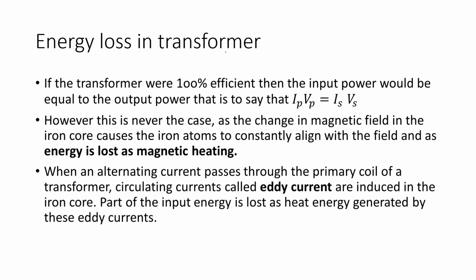When an alternating current passes through the primary winding of a transformer, circulating currents called eddy currents are induced in the iron core, and part of the input energy is lost as heat generated by these eddy currents. While we try to stop the eddy current, as I spoke about, and we're going to look at next how we can reduce it, it still happens.